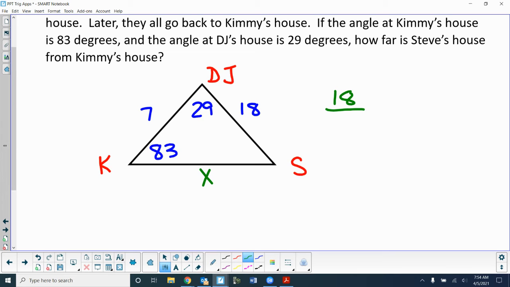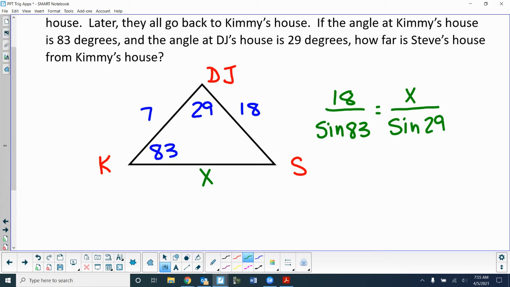How would we find that angle? Yeah, those two together subtracted from 180, right? But we don't really need to find that. So 18 over the sine of 83 equals x over the sine of 29. Remember, it's the side and the opposite angle that we do the fractions for.